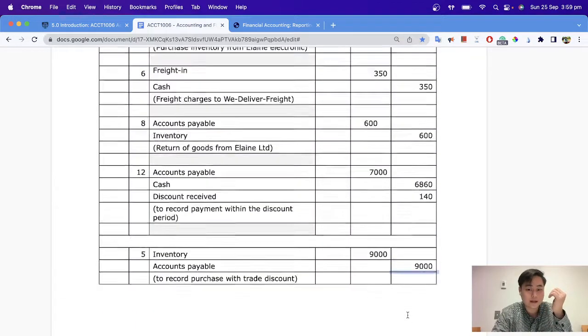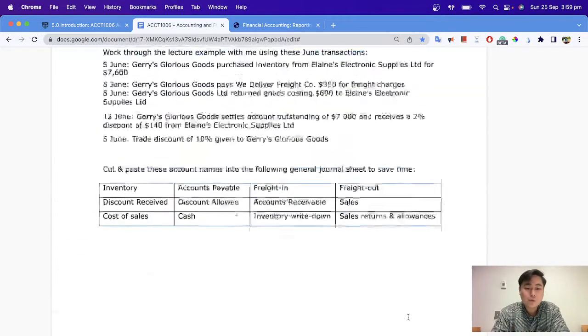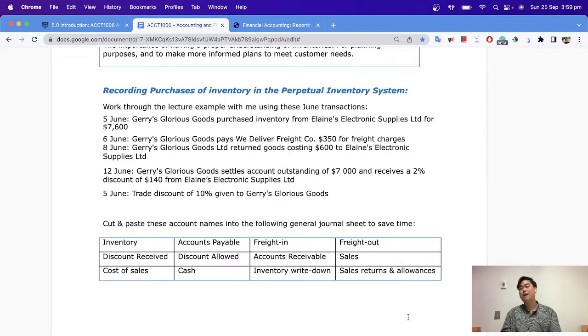purchase of trade discounts. Okay, so we could see the purchase of inventory from the perspective of a buyer, from the perspective of Jerry. We may also be interested in the recording process of the sale of inventory from the perspective of Eileen.